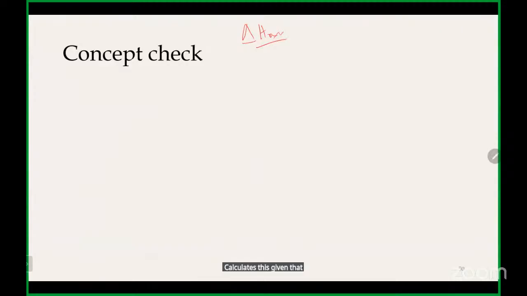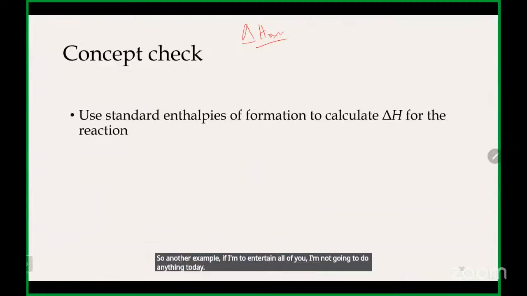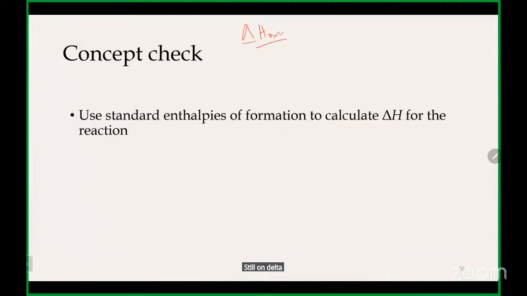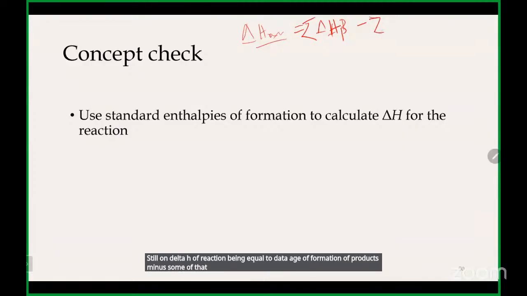So another example, if I'm to entertain all of you, I'm not going to do anything today. Still on delta H of reaction being equal to sum of delta H of formation of products minus sum of delta H of formation of reactants.